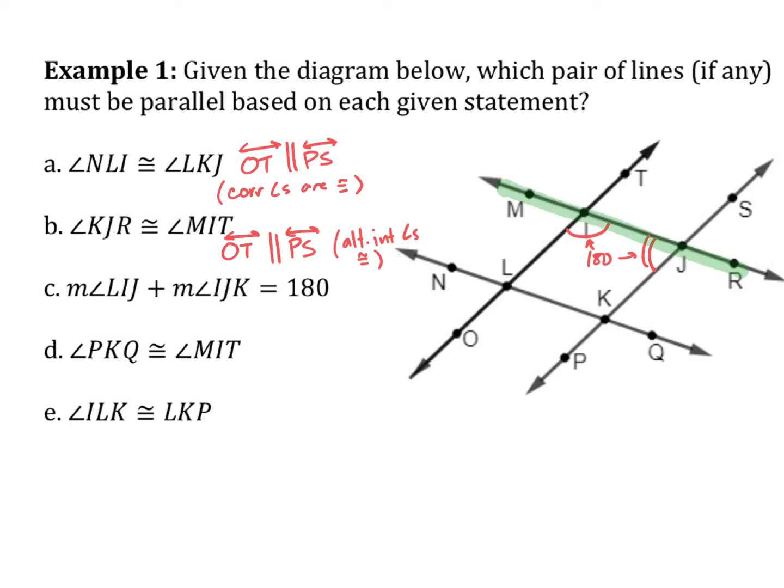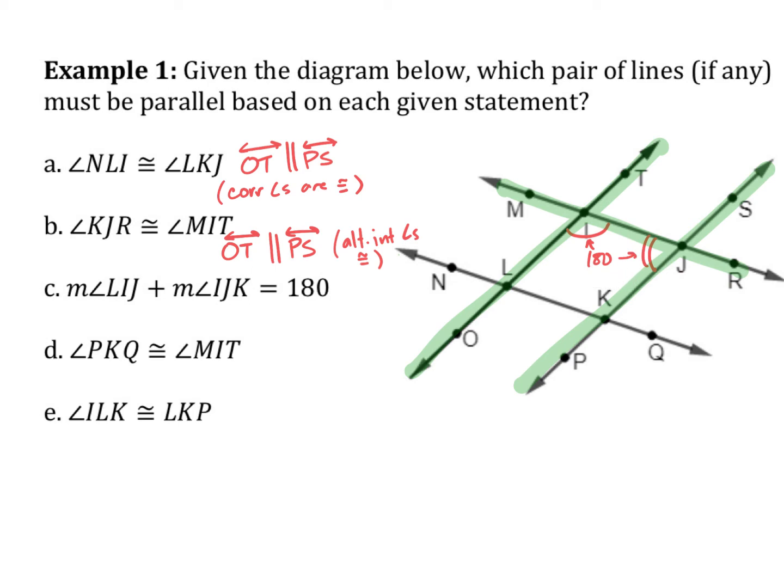Well, again, I'm actually using the same three lines to make those two angles. So, do I have a reason to say that maybe those lines are parallel again? In fact, I do, because these two angles are same side interior angles. They're both between the two lines and on the same side of the transversal, and they're supplementary.